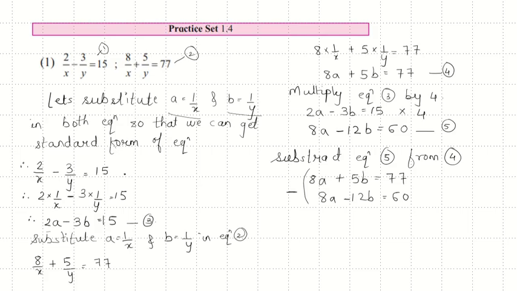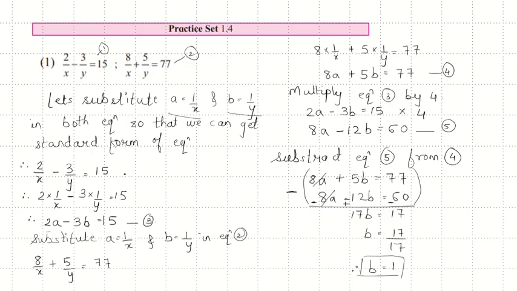As it is a subtraction, the signs will get changed: 8a will become minus 8a, minus 12b will become plus 12b, and plus 60 will become minus 60. On solving this, plus 8a and minus 8a get cancelled. 12 plus 5 is plus 17, so 17b is equal to 77 minus 60, which is 17. So b is equal to 17 upon 17. We got the value of b as 1.